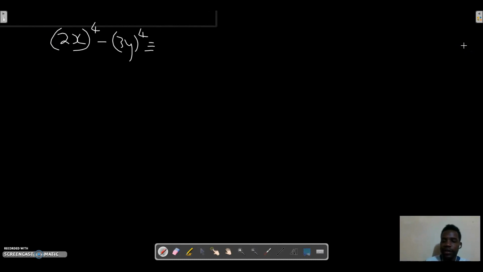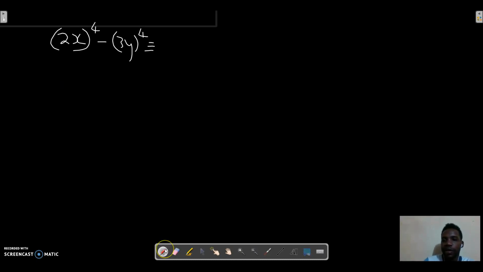Now, of course, we know that this can also be factorized using a second method, depending on what the question asks for. So we did the first method, which is to treat it as a difference of 2 squares, but we could also treat it as x to the n. Or let me just go with x to the 4.